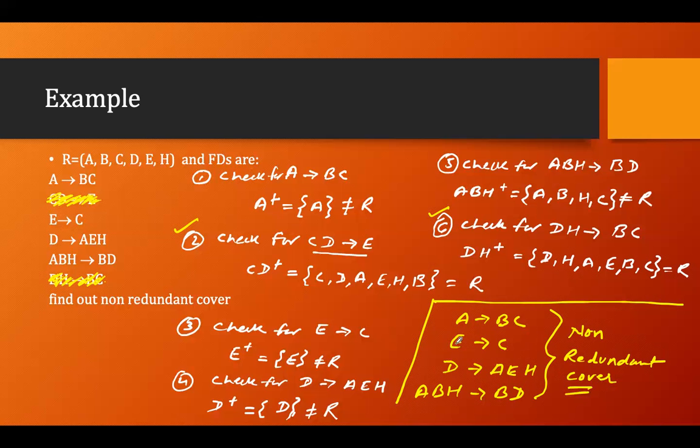A determines BC, E determines C, D determines AEH, and ABH determines BD are the non-redundant cover.